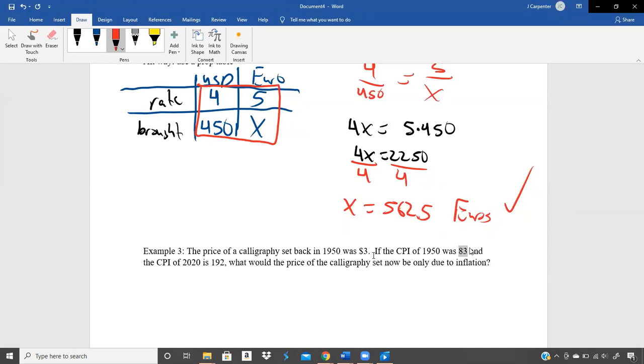So how much would this set cost now in 2020 only due to inflation? Now, what some people will accidentally use is the years. The years are labels. Do not use the years in your equations at all. They are labels.